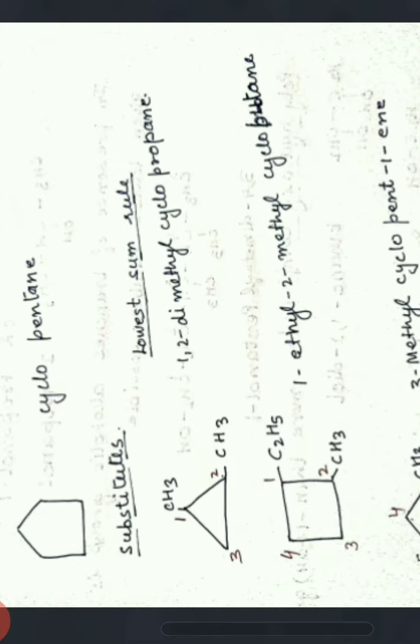Because if there is a substituent, we need to use the number or locant to mention its position. The very simple rule is that you allot the smallest possible number to every substituent.